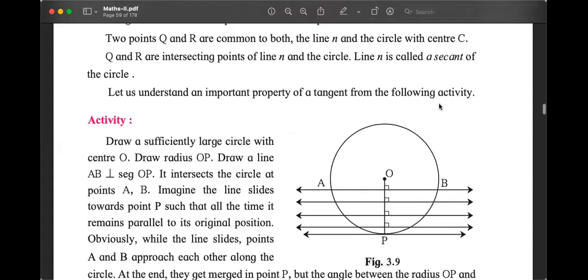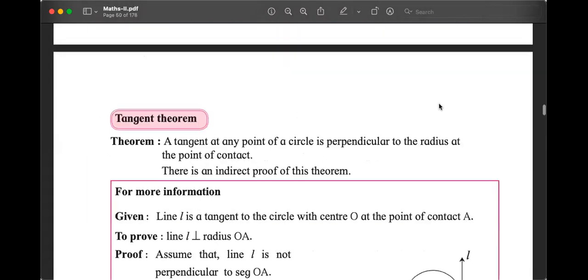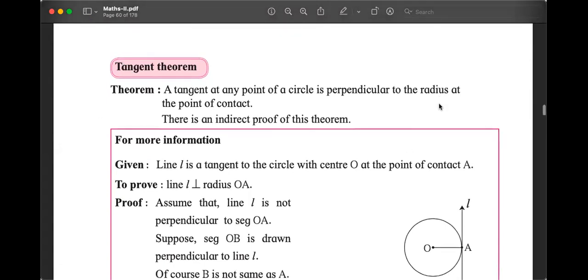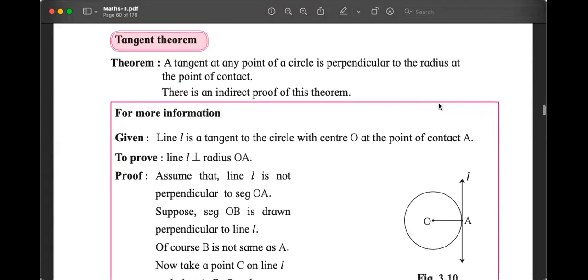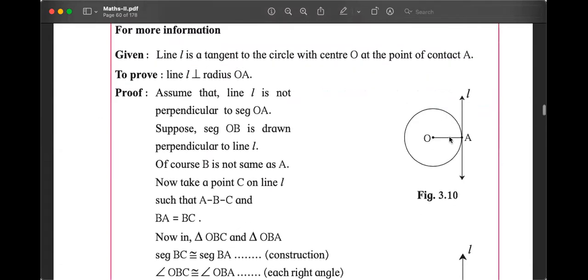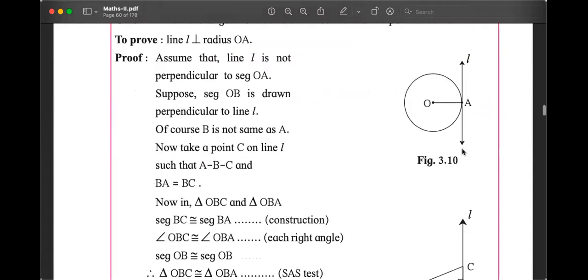After we understood what a secant and a tangent are, we looked at 2 theorems. One is the tangent theorem, where the proof is not required for this year. We understood that the tangent is perpendicular to the radius of the circle at the point of contact. So in this diagram, this angle will be 90 degrees, and this angle will be 90 degrees.